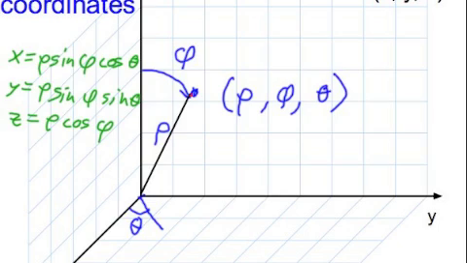Again, I know you saw these in Calc 2, and you can look these up in your textbook. The other thing, of course, we get just by the Pythagorean theorem in 3 dimensions is rho squared is x squared plus y squared plus z squared. So those are conversions.